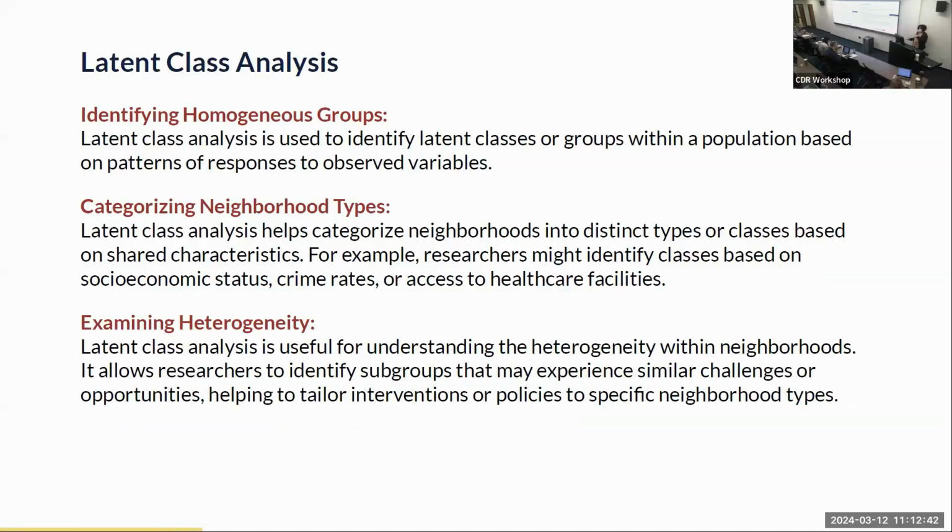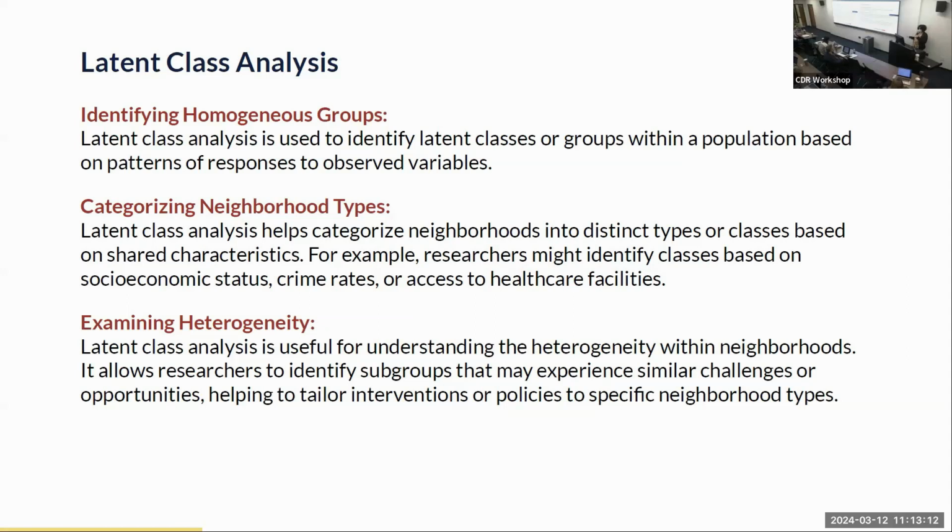LCA, or latent class analysis, is similar, but it's a little bit different than FA, right? With latent class analysis, you actually want to identify homogeneous groups. We'll get into this with the example, but you want to try to find a certain number of classes or groups within whatever population you're studying, to get certain patterns in your variables that describe different groups of the population, and they're mutually exclusive.